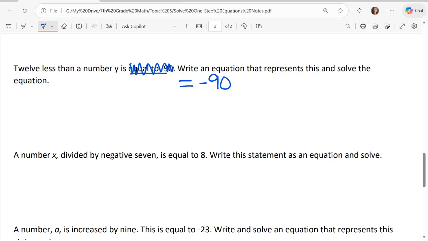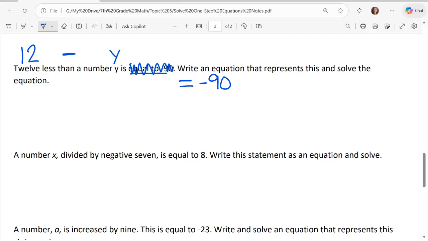And then let's go back to the beginning and just read until we figure it out. So 12 less than a number y, 12 less than y. I heard a 12 and a y, then less than. Less than means it's getting smaller. The number's going down, and hopefully we know this in 7th grade, it means subtraction. However, when they say 12 less than a number, that means we want to take 12 away from the number.